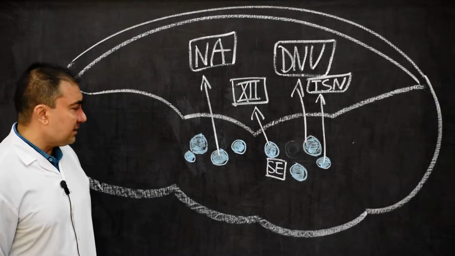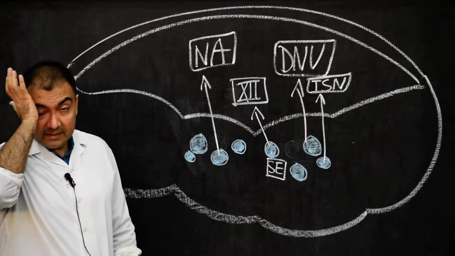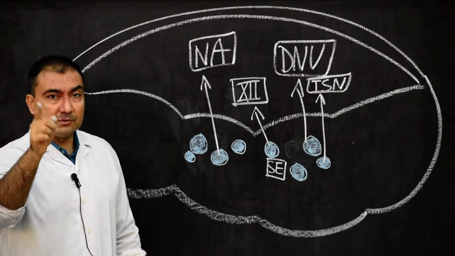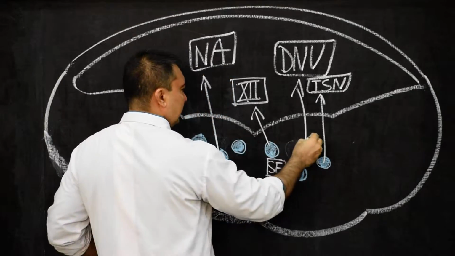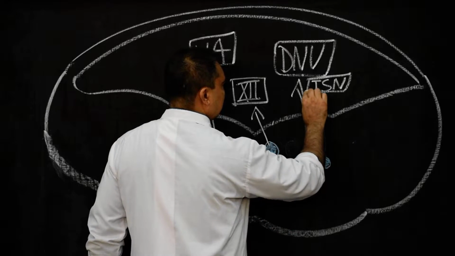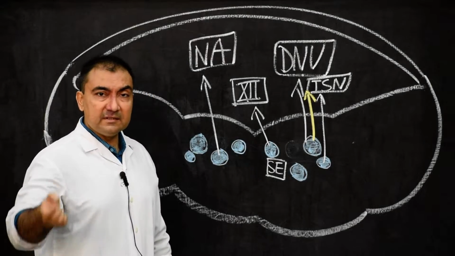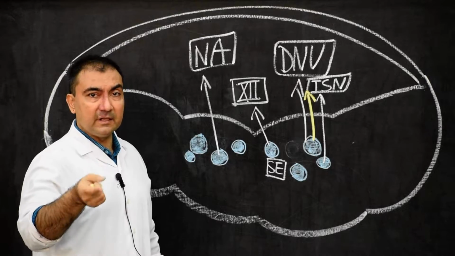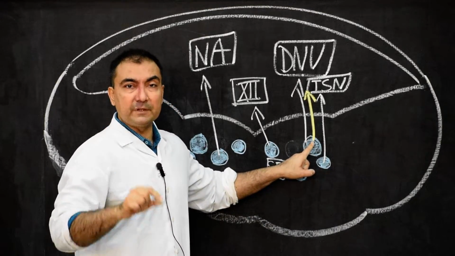So this general visceral efferent is represented by the same dorsal nucleus of vagus nerve. Once again we will draw it in such a way that you represent this with a yellow arrow. I show it as the dorsal nucleus of vagus nerve, which is the same functional component, general visceral efferent, and previously in the basal lamina it was also general visceral efferent.